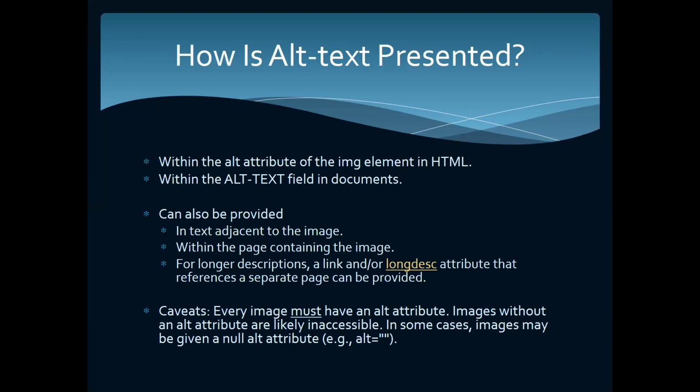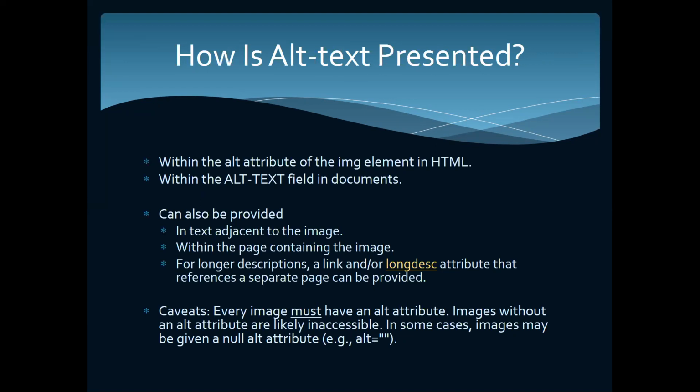Alt text can be presented within the alt attribute of the image element when we're working with HTML, or within the context or surroundings of the image itself. Alt text is not just found in alt tags or the alt attribute of the image element. It can also be provided in text adjacent to the image, within the page containing the images.